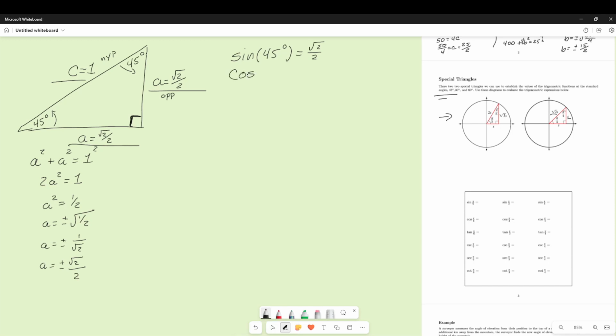What's the cosine of 45 degrees? Well, the adjacent side is still square root of 2 over 2, over the hypotenuse is still 1, so all over 1. All over 1 goes away. We don't need it. Now, is that the same thing we would get over here?